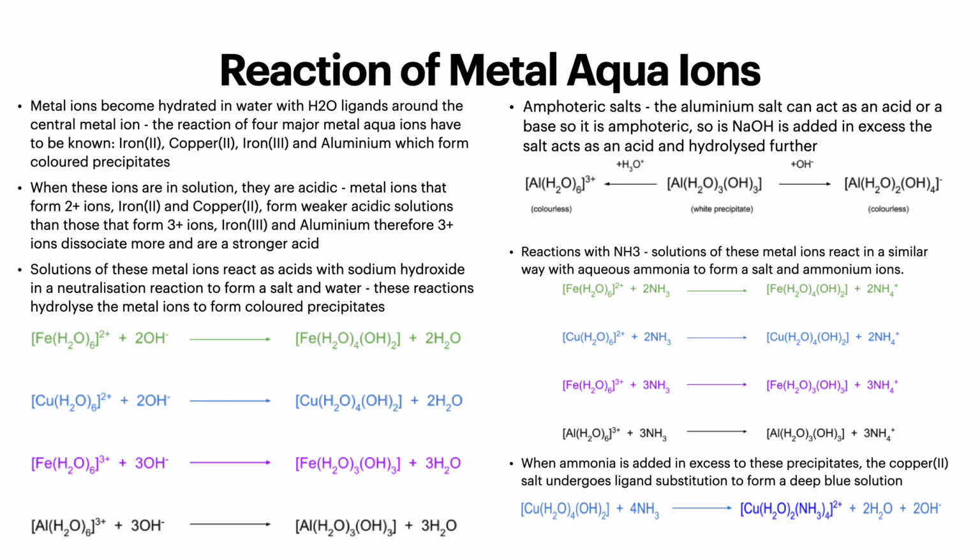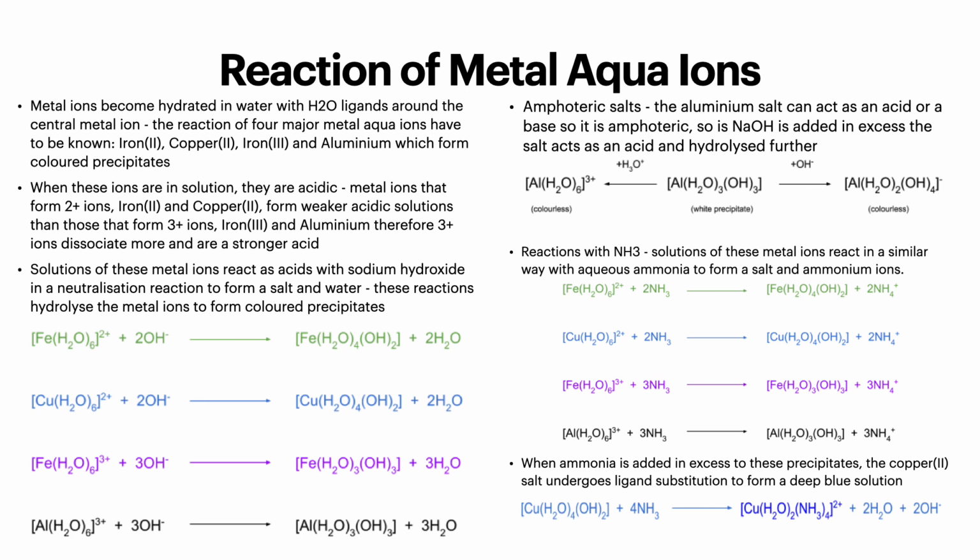When these ions are in solution, they are acidic. Metal ions that form 2+ ions, iron 2 and copper 2, form weaker acidic solutions than those that form 3+ ions, iron 3 and aluminium. Therefore, 3+ ions dissociate more and form a stronger acid. Solutions of these metal ions react as acids with sodium hydroxide in a neutralization reaction to form a salt and water.